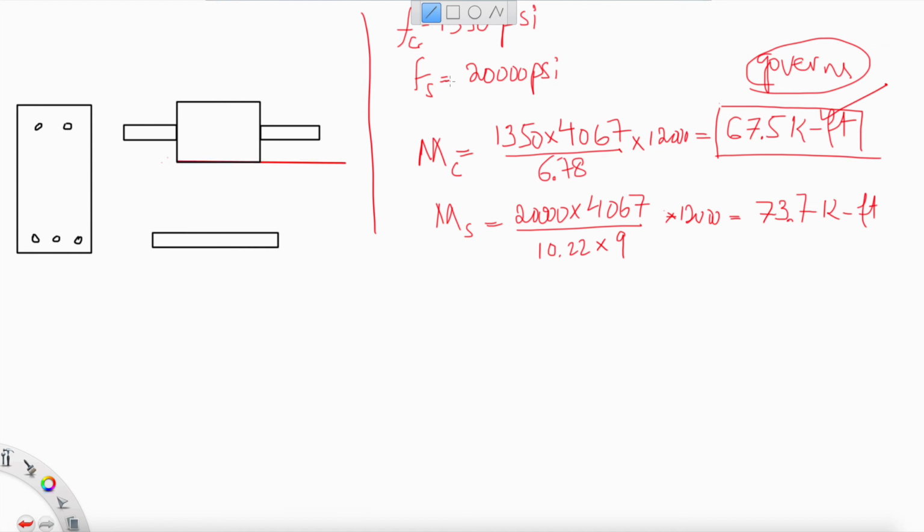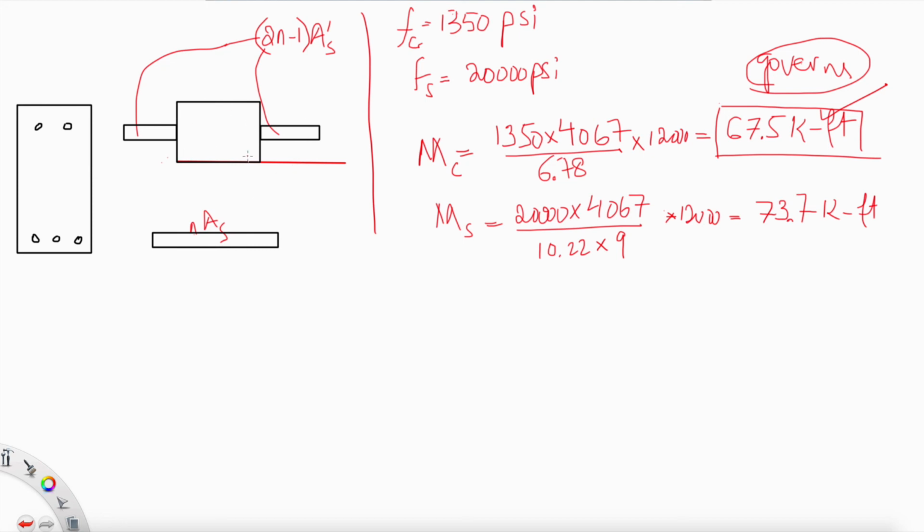This is NAS, as we know, when you transform it, and this is the concrete. But these two are computed as 2n minus 1 multiplied by A_s, and we put a prime to indicate that it's the compression side. So this is the way that we compute.